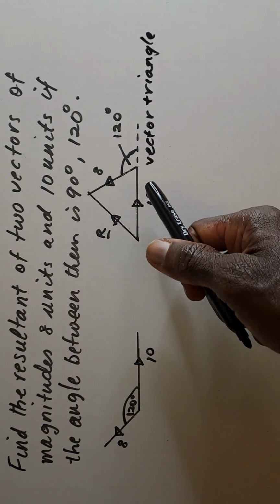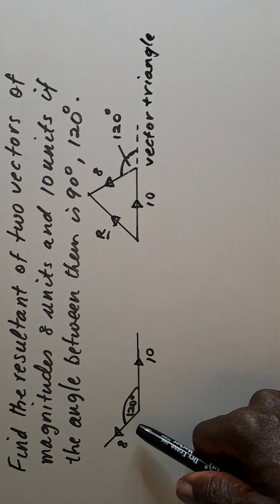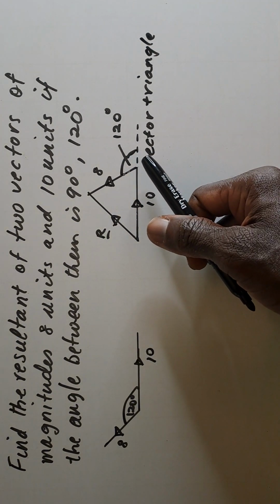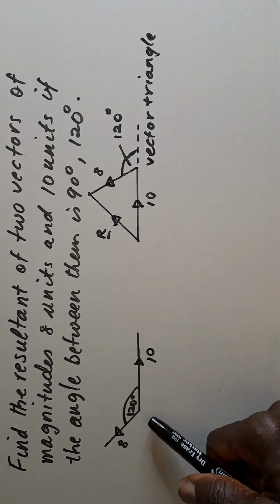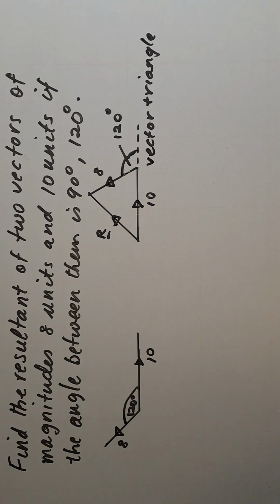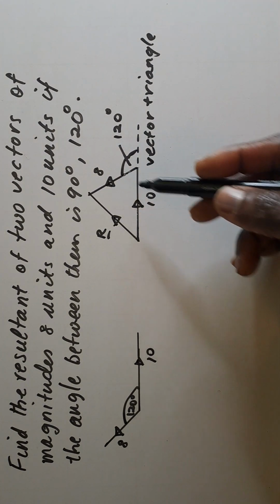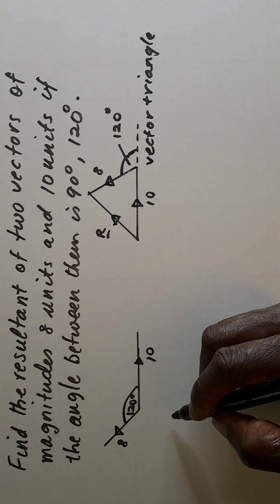And we can see that, again, we position the vector of magnitude 8 units here as opposed to where it's positioned in this diagram. So we show the angle of 120 degrees, which allows us to calculate the angle between the two vectors, which is 180 minus 120, which is 60 degrees.